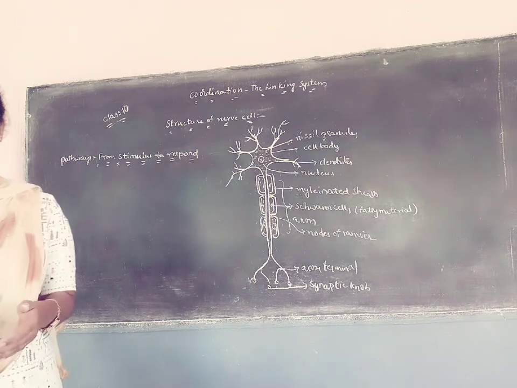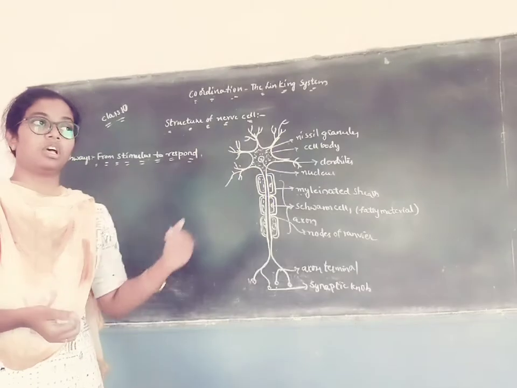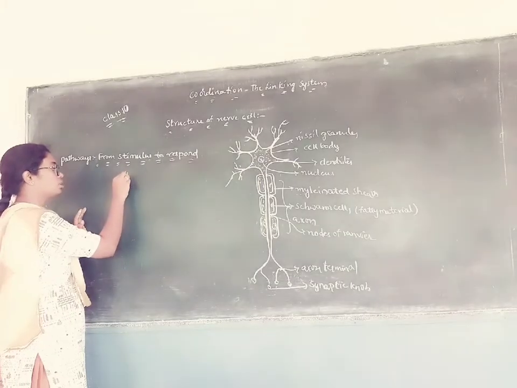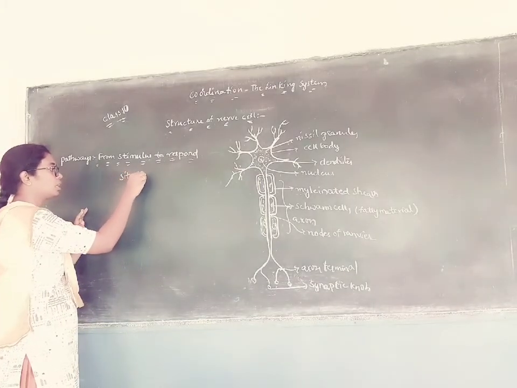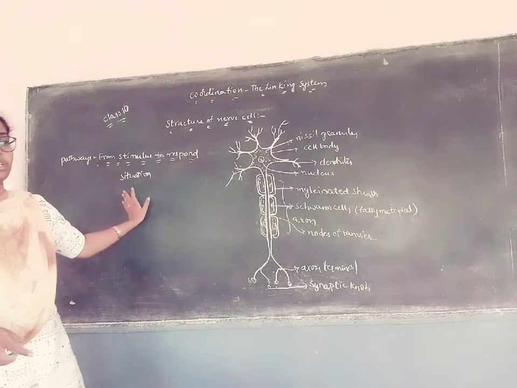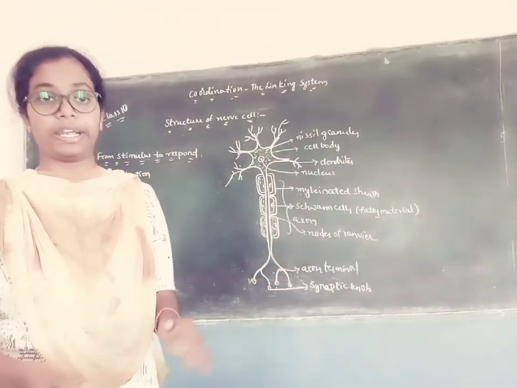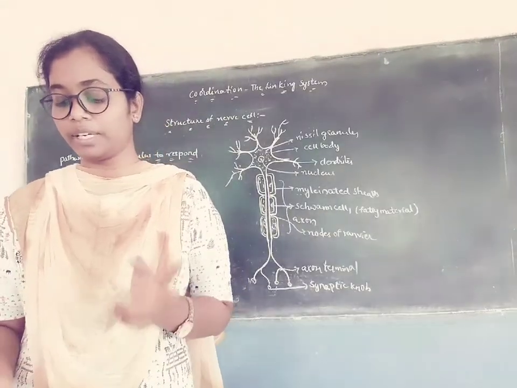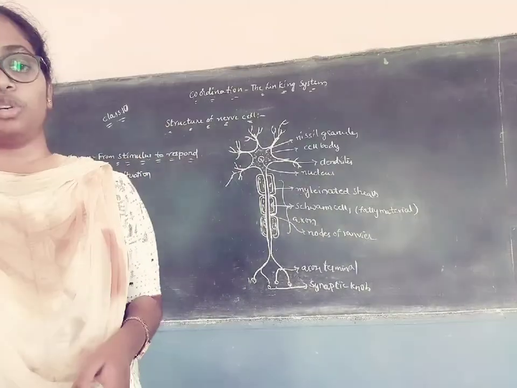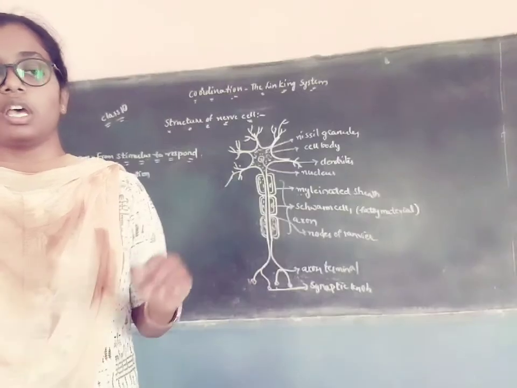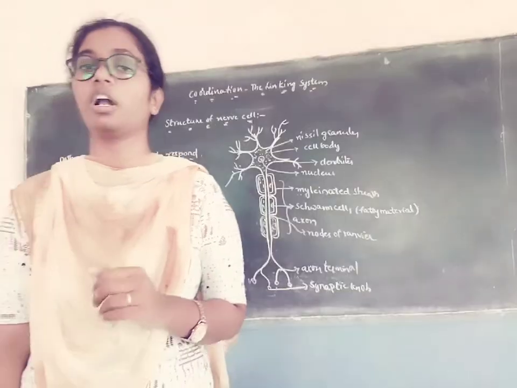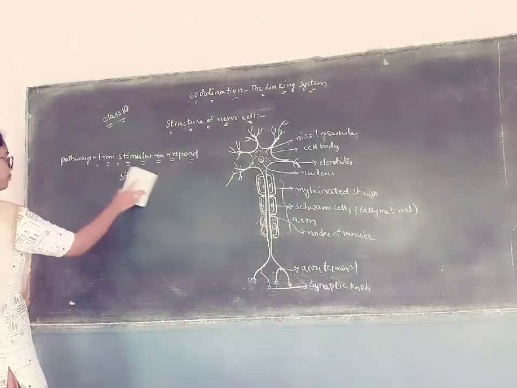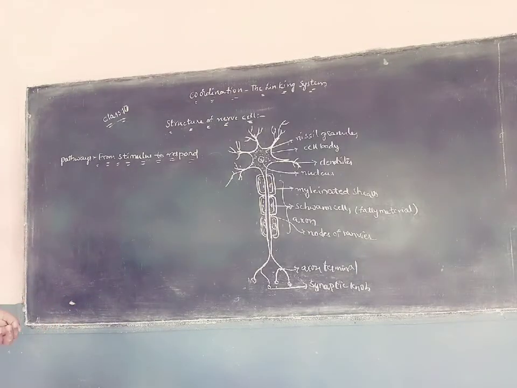In this pathway, from a stimulus, from any situation, how are they responding? So how are neurons responding? There are basically two types, afferent neurons and efferent neurons. Afferent neurons are also called sensory neurons. Efferent neurons are also known as motor neurons.